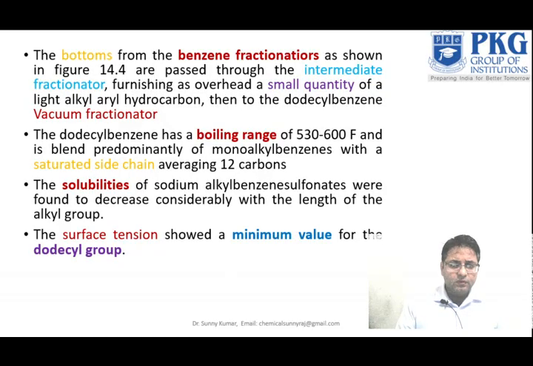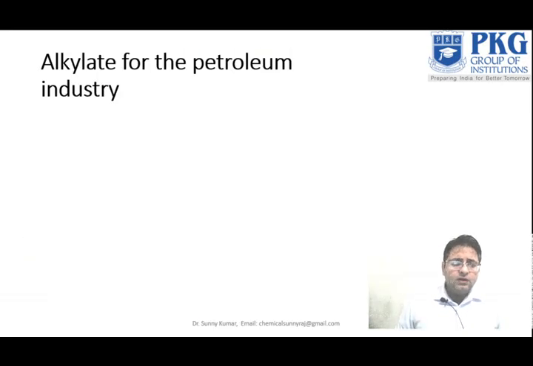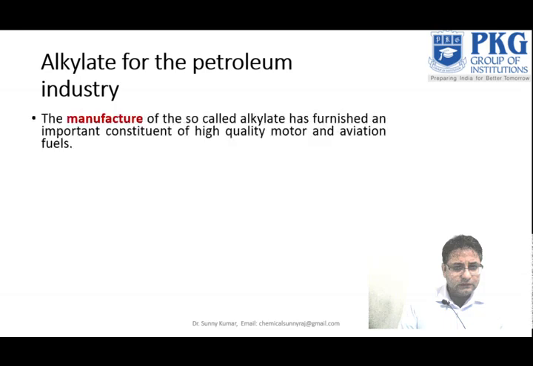Now we will read again about the alkylate for the petroleum industries. The manufacture of the so-called alkylates has furnished an important constituent of high quality motor and aviation fuel. For transportation, high quality motor and aviation fuel are required.